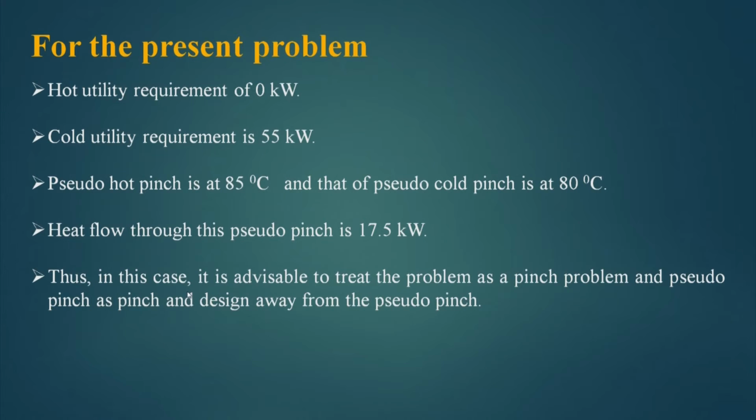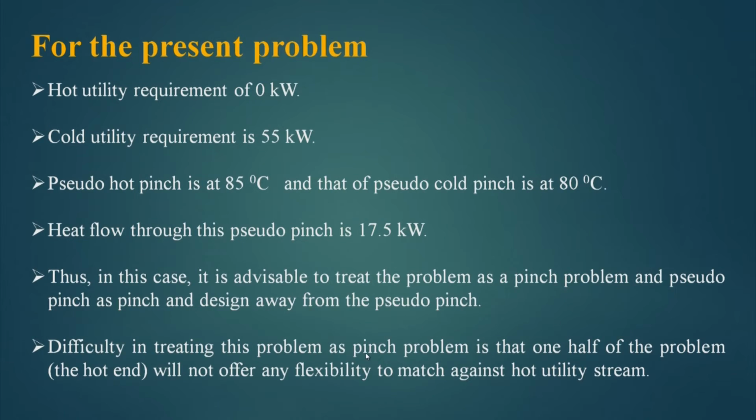Thus, in this case it is advisable to treat the problem as a pinch problem and the pseudo pinch as pinch. This is important. We are considering the pseudo pinch as pinch, but it does not qualify as a pinch completely, that is why we call it pseudo pinch, because heat will be transferred through this pseudo pinch and the amount is 17.5 kilowatt for this problem, and design should be away from the pseudo pinch in both directions.